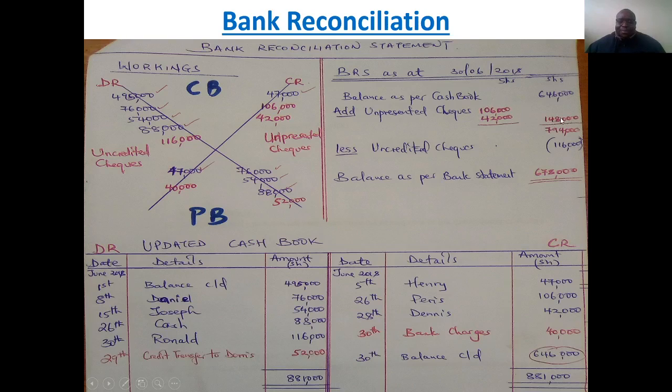We add them, and then we subtract uncredited checks. So uncredited checks had not been credited by the bank. We deduct that and we get the balance as per the bank statement.